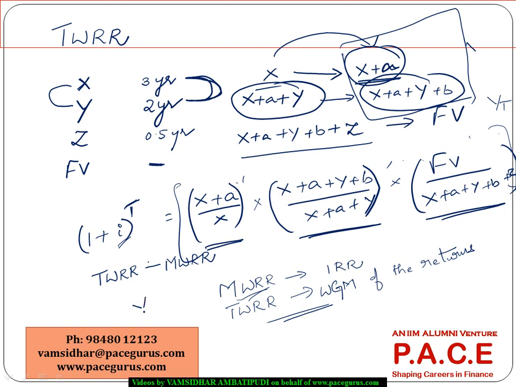How much cash is added or not added, it's not bothered too much about the timing of the cash flows. It's more bothered about the return, whatever may be the cash flow. It could be 100 rupees, it could be 500 rupees, whatever may be the cash flow, how much return it is able to generate.